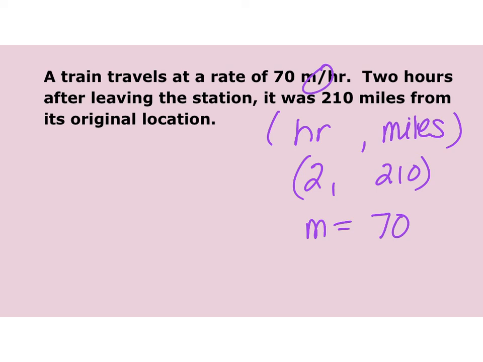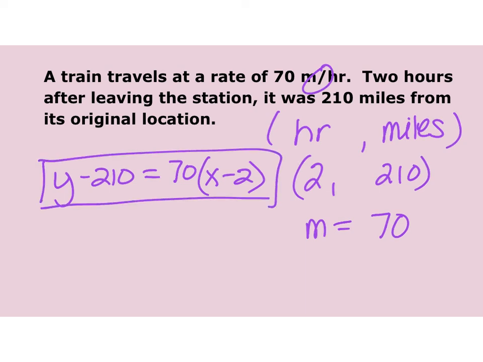So when I write my equation, I have y minus 210 equals 70 times x minus 2. So this equation would be in point-slope form. We can also take it to slope-intercept form if we needed to, but we'll leave it in point-slope form.